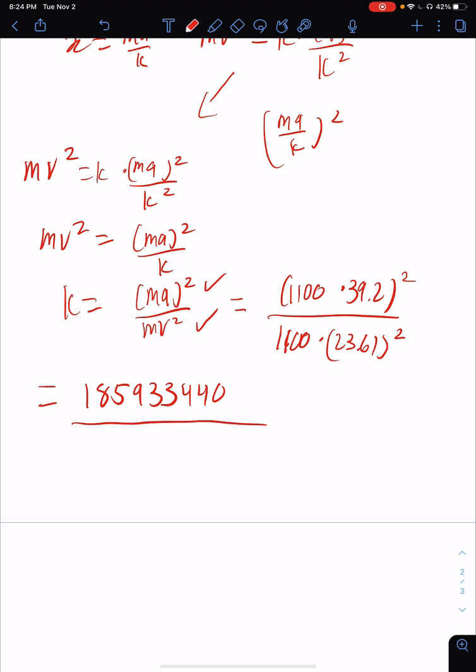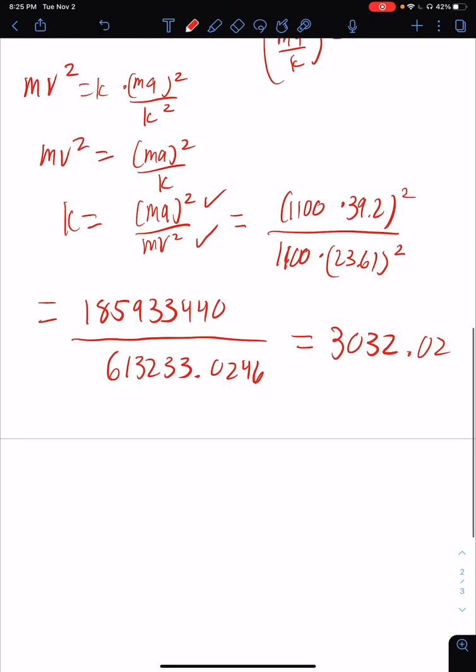Let's simplify the denominator, and once we divide these two, you're going to get 3,302.02. All right, so this is going to be our spring constant.